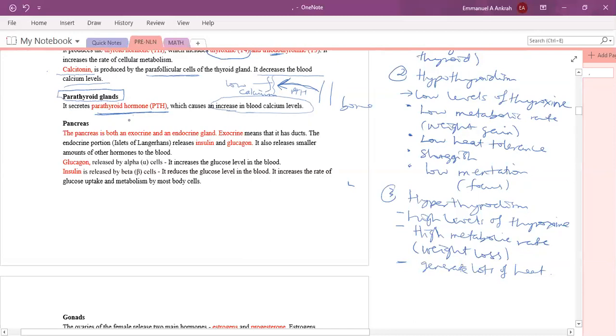And then the other thing is the hormone we want to look at, the pancreas. If you go back to the diagram, the pancreas is right there.